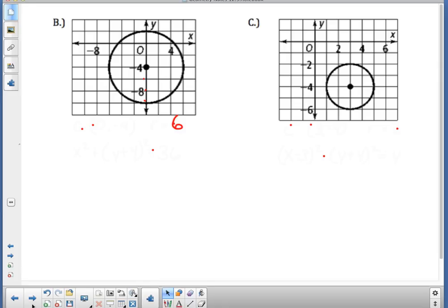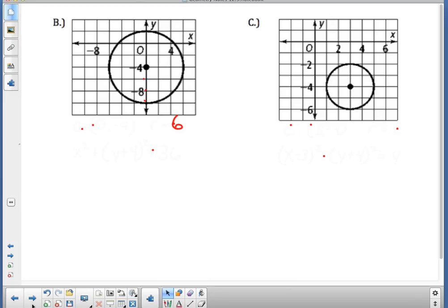Do problem B. And how am I going to have you do it? I want you to take the graph, pay attention to units, find the center, find the radius, write the equation from the graph provided in B here. Now you're going to do B and C on this.